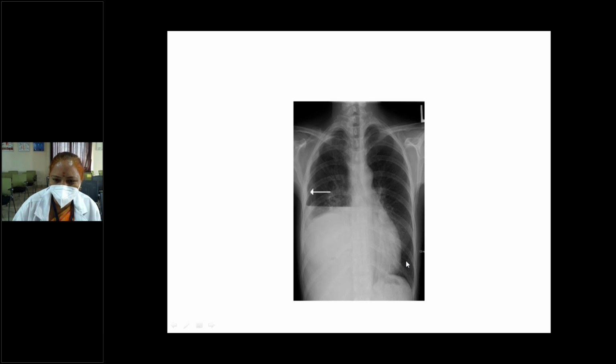You can observe here, where is the dome of the diaphragm? Almost down here. So there is compensatory hyperinflation of the left lung, so increased translucency. This is not pneumothorax. You can observe these lung markings are prominent here, but translucency is there, and intercostal spaces are widened.